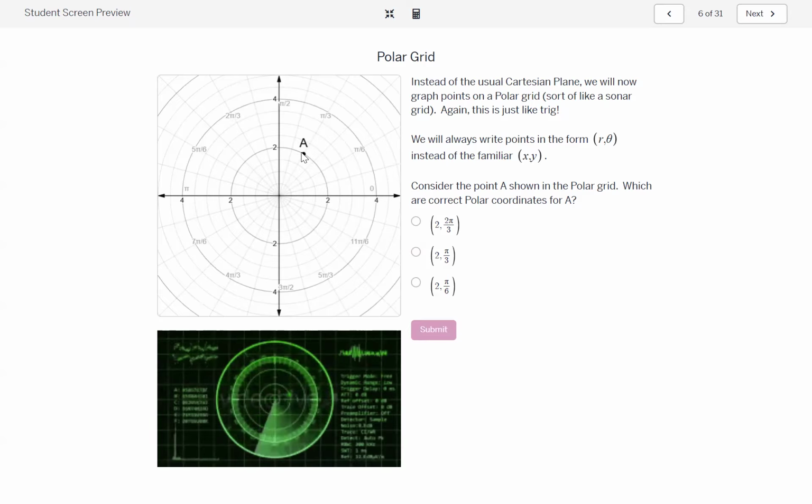I see my A point is on the 2 ring, so the radius has to be 2. Now when we look at the angle, point A is on the line for pi over 3, 60 degrees. So to get to this point A, I've rotated 60 degrees, or pi over 3, and then I've moved 2 units in that direction.